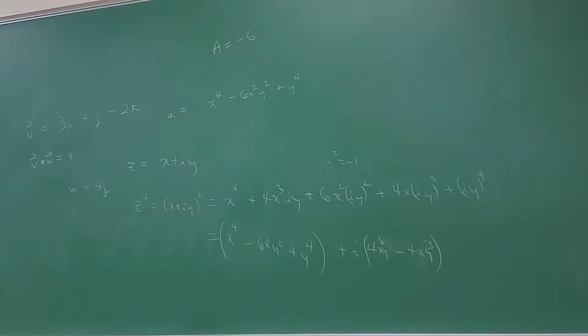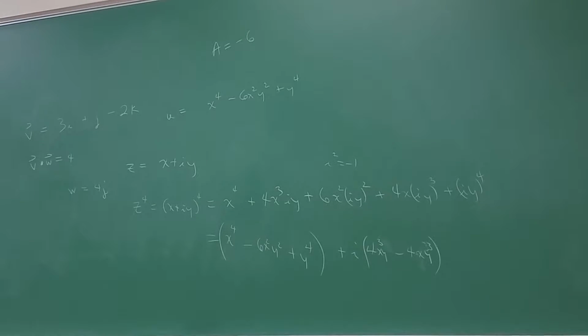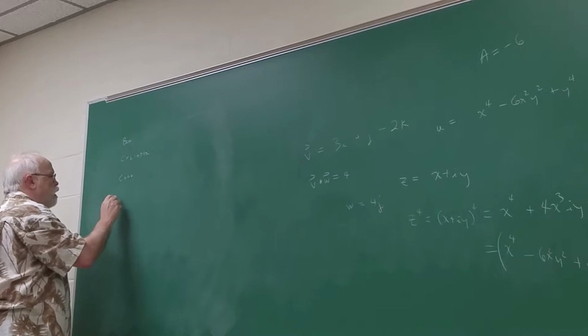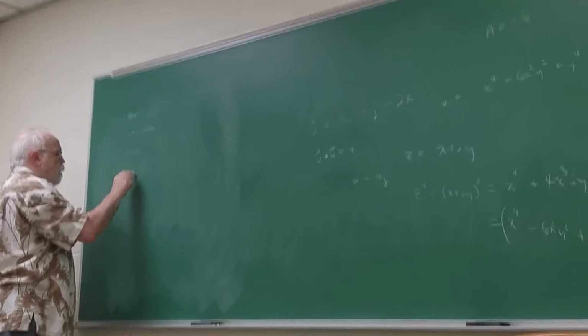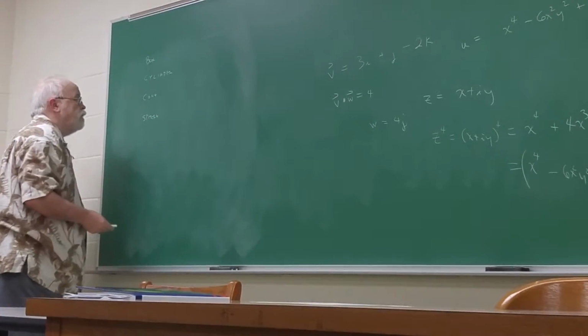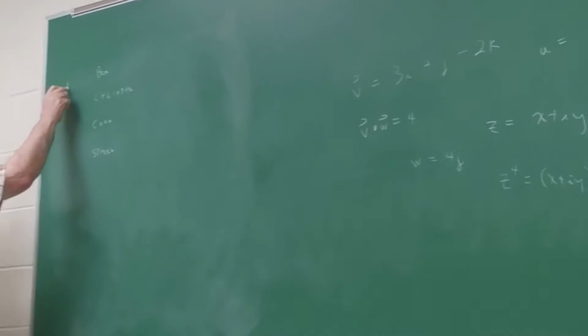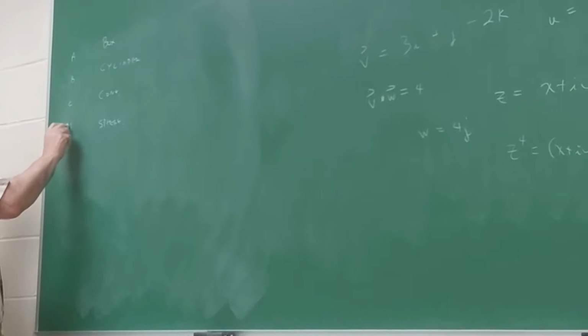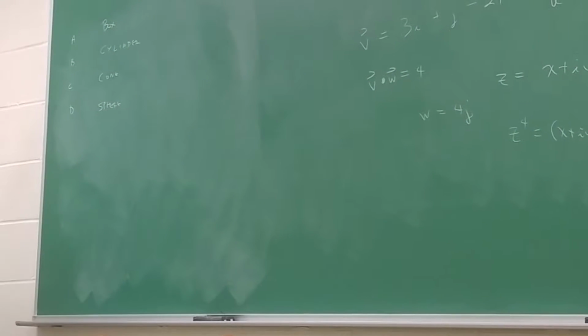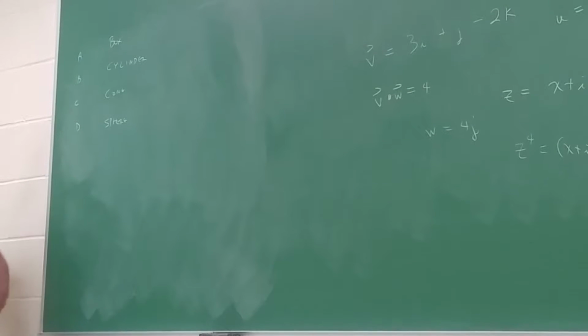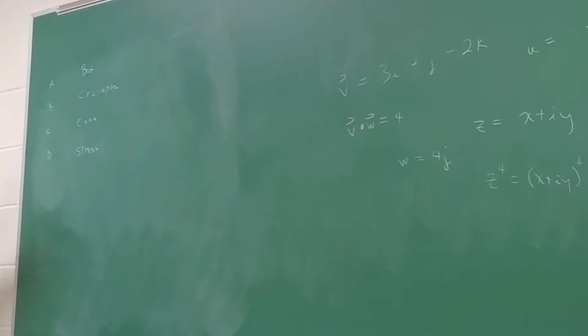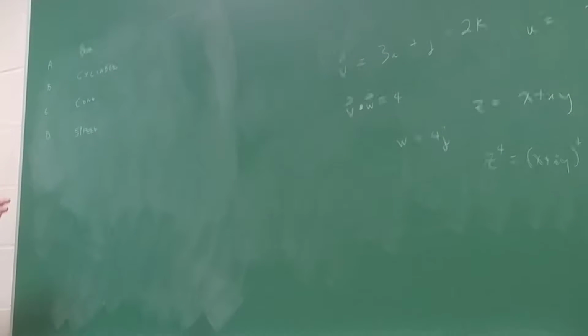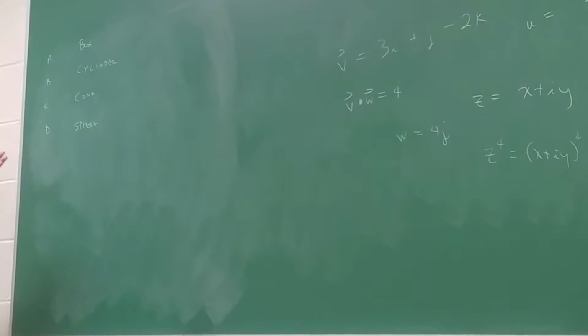I'm going to give you 4 volume problems to look at: box, cylinder, cone, and sphere. I think I call these A, B, C, and D. What I want you to do is come up with the standard formulas for each of these volumes.